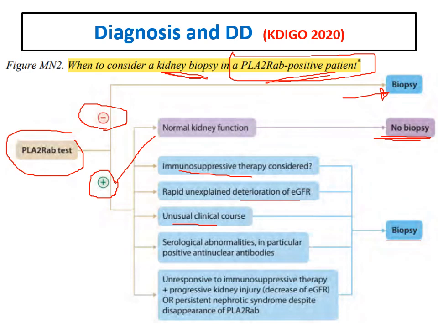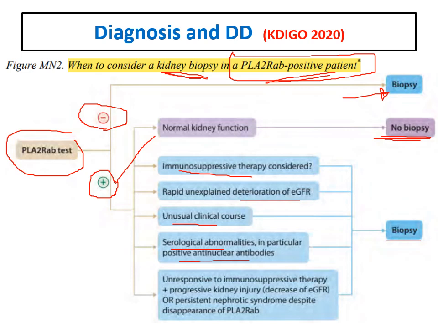If there are serological abnormalities like positive antinuclear antibody or any suspicion of secondary membranous, we should ask for a biopsy, and we discussed in part 1, from the pathology of the renal biopsy, how we can differentiate between primary and secondary membranous.